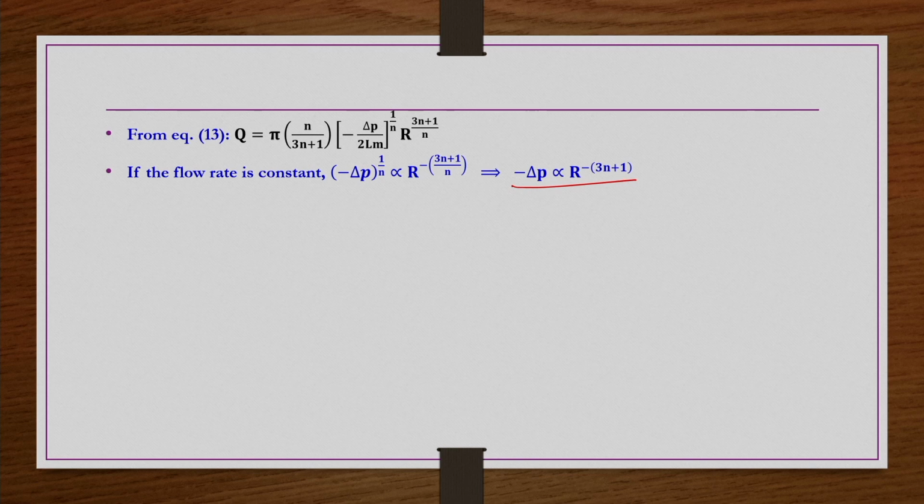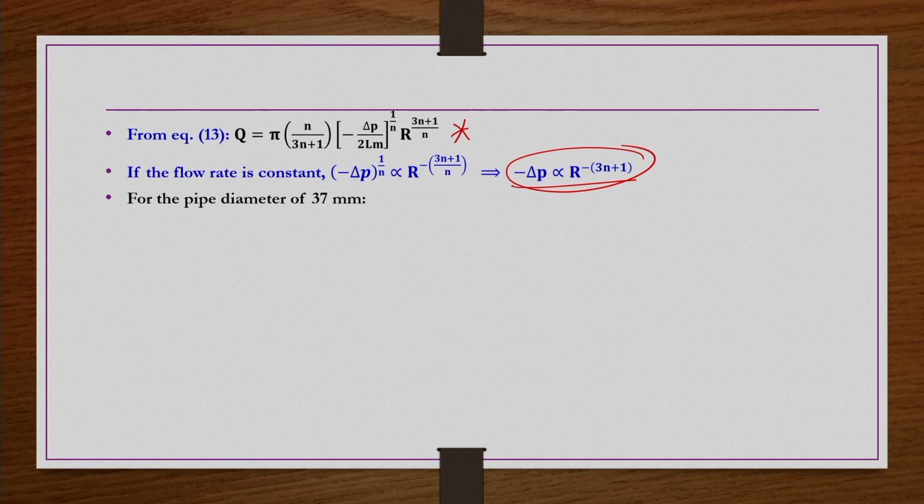Why are we getting this relation? Because if your radius is changing, you want to find out how much the pressure drop is changing. Though you can use the same equation as it is by substituting R equals 37 by 2 multiplied by 10 power minus 3 meters directly, we do it this way.